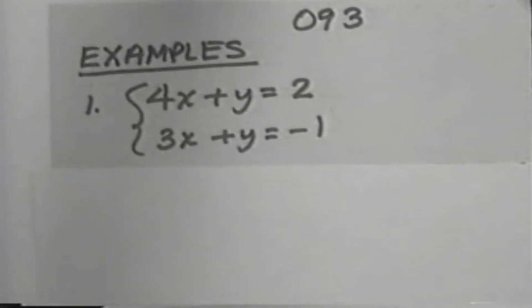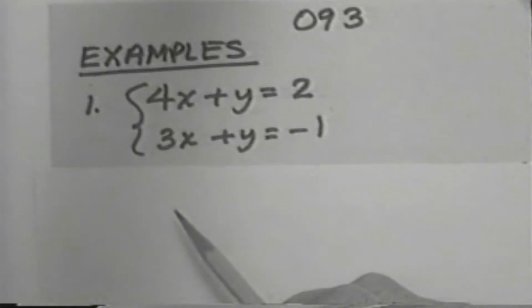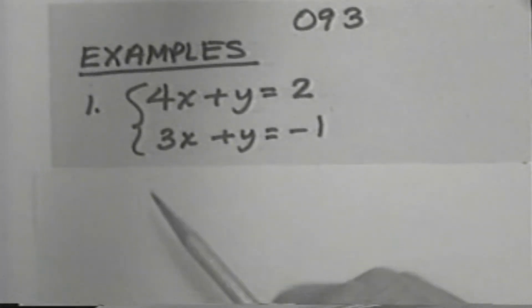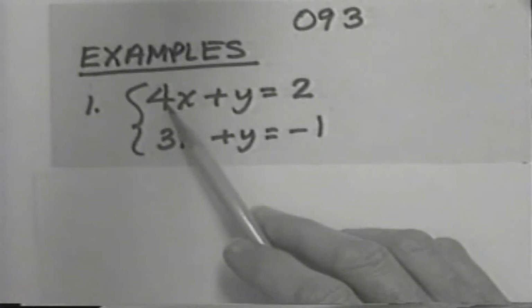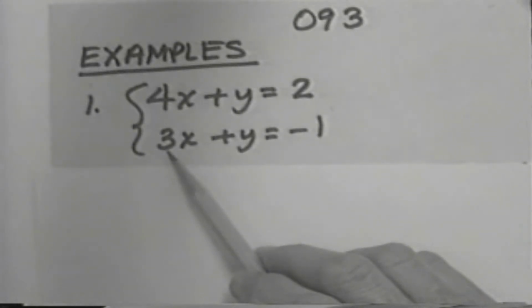If you had fractions with denominators of 4 and 3, the common denominator you would choose would be 12. And so we can multiply the top equation by 3 to get 12x, and so on across. We can multiply the bottom equation by 4 to get 12x, and so on across.